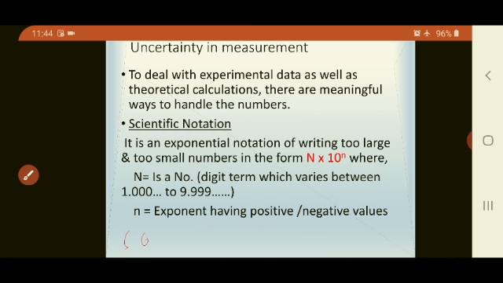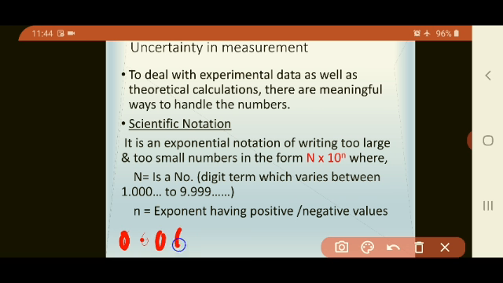It is an exponential notation of writing too large, means very big numbers, and too small, means very small numbers, like 0.00000000, so total 24 zeros like this, and then one number like this.